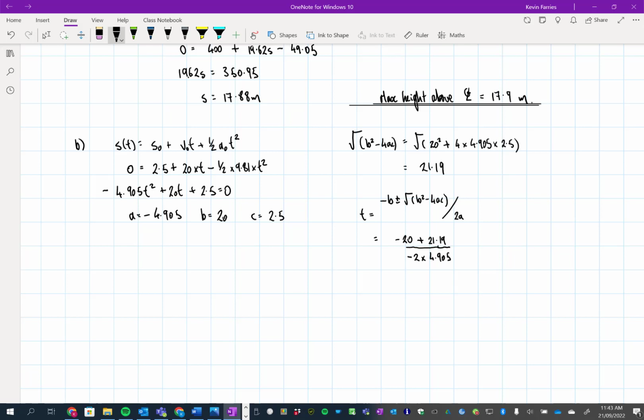So we just do the two solutions, that's okay. That's one solution, where you're adding. Let's say T1 equals that, and T2 is going to be minus 20, negative b minus the square root, oh, I don't need to write that, we've already calculated it, minus 21.19 divided by minus 2 times 4.905.